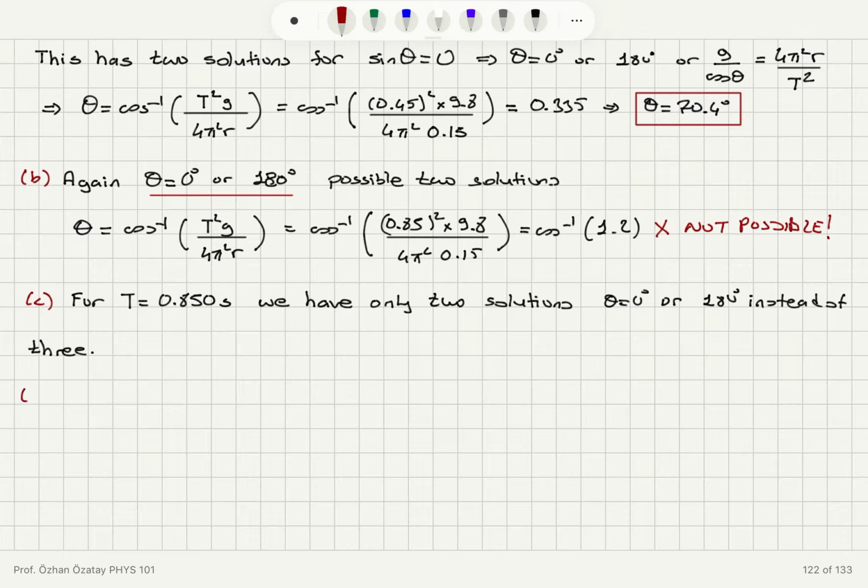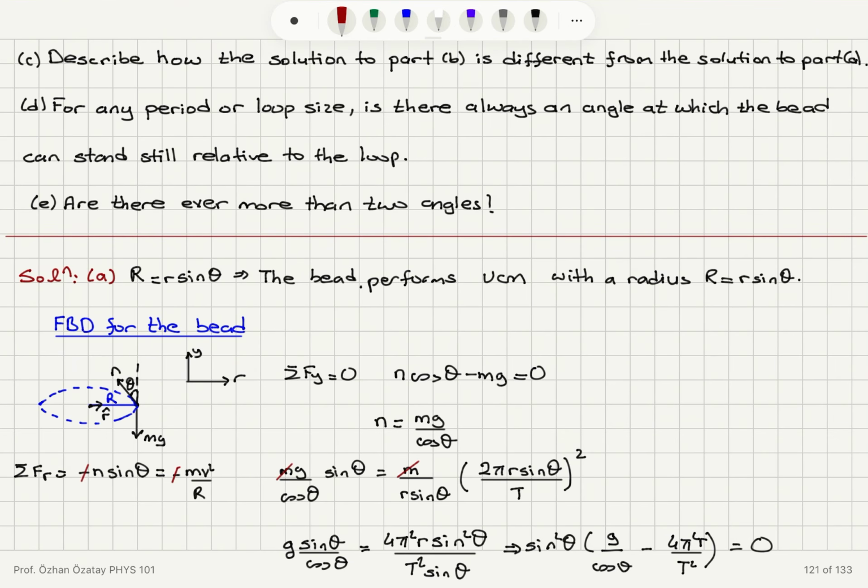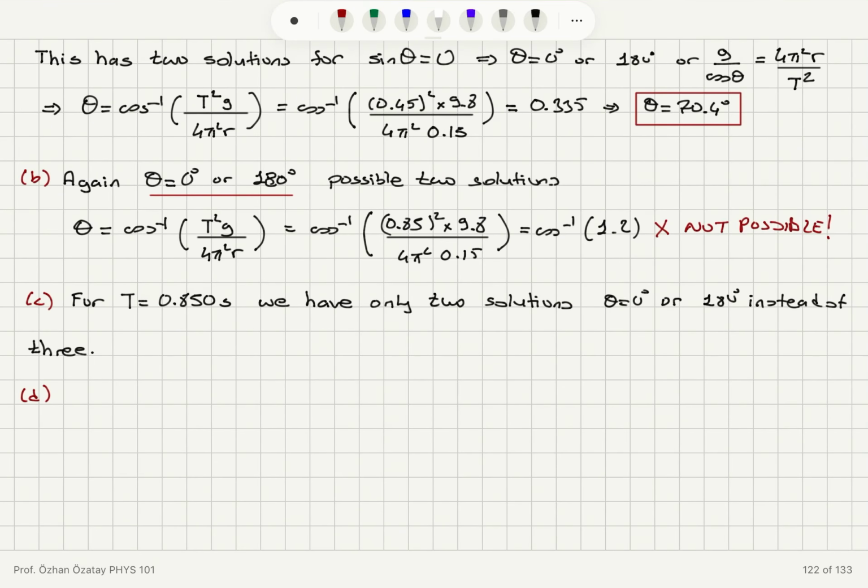Part D asks for any period or loop size, is there always an angle at which the bead can stand still relative to the loop? Now you can see that sine squared theta equals 0 is independent of the radius of the loop and the period that we use, so that would always be a solution regardless of the size of the loop or the period.